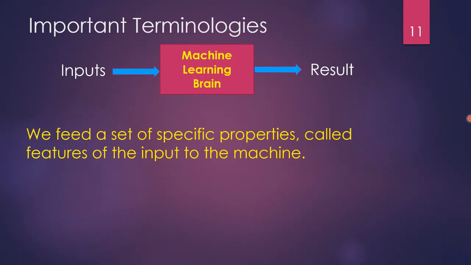Although we are not sure exactly what is present within the box, I hope one thing all of you can guess, at least, that the black box is some mathematical model. There must be some mathematics behind this model, right? The mathematical model accepts input in the form of a set of properties.